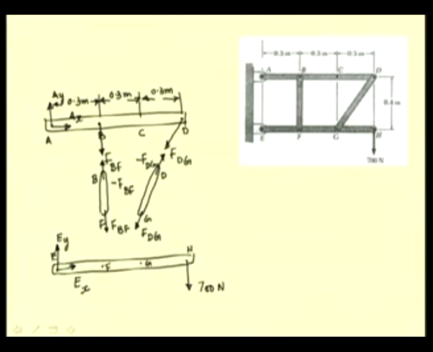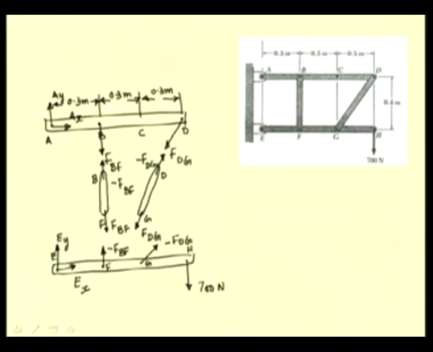And at F we have the force from the two force member, that is minus FBF, and at G we have the force from the two force member GD, which is minus FDG.